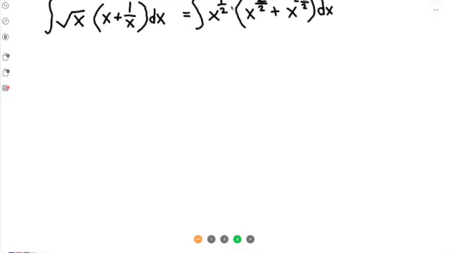Okay? So now we multiply x to the 1/2 by x to the 1, or x to the 2 over 2. That would give us x to the, anong mangyayari sa kanya? This would be x to the, you add the exponents. Is that right?